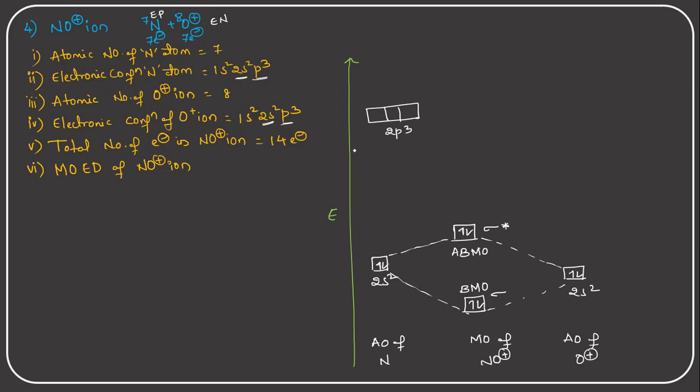So three electrons are there, each atomic orbital having one electron, and the oxygen plus ion also has a 2p3 electronic configuration. So three electrons are present, one orbital having one electron. And in total how many orbitals now? Six orbitals are merging together, so six molecular orbitals are also forming.